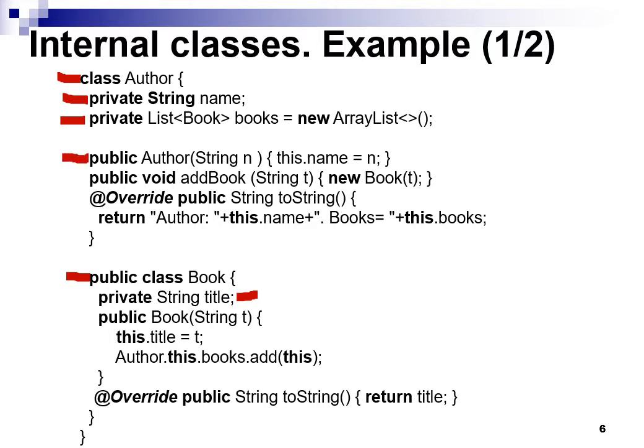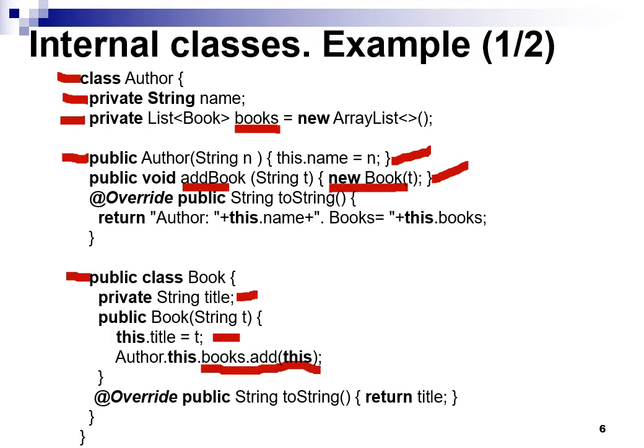So we can create objects of type Author using this constructor, and then we can add books using this method. We just call the constructor of Book and we delegate the addition of this new book to the collection to the constructor. The constructor of Book basically assigns the title and, as you see here, adds the object to the books collection.